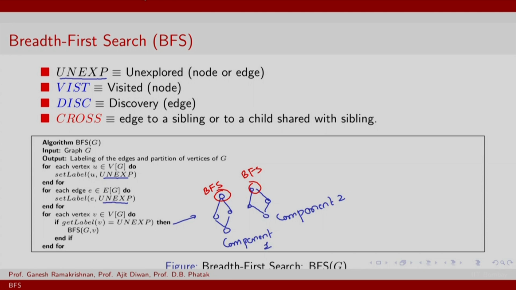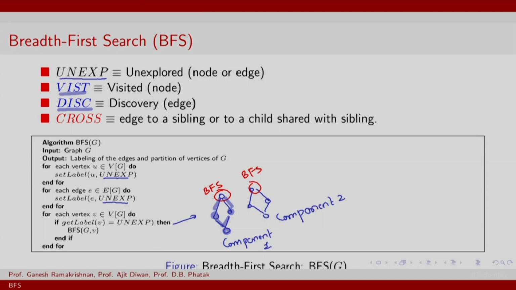So let us do some highlighting. Visiting of a node or the visiting of an edge within the call to BFS, you would expect to mark these nodes and these edges as visited and discovered respectively. It is also possible that there are some edges across these calls to BFS.